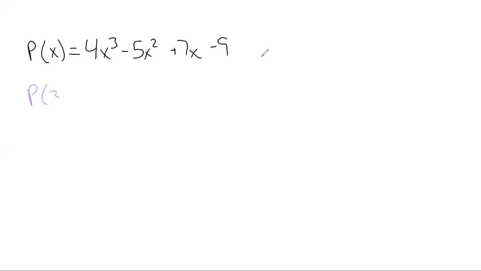Okay, let's do another example. Let's use that same exact function. P of x is equal to 4x cubed minus 5x squared plus 7x minus 9. Now this time they want us to find P of 3. That would be 4 times 3 cubed minus 5 times 3 squared plus 7 times 3 minus 9.